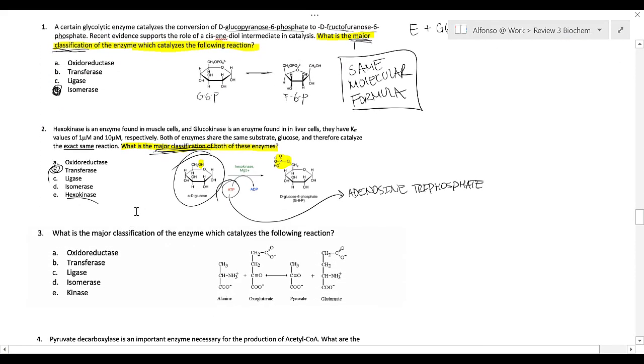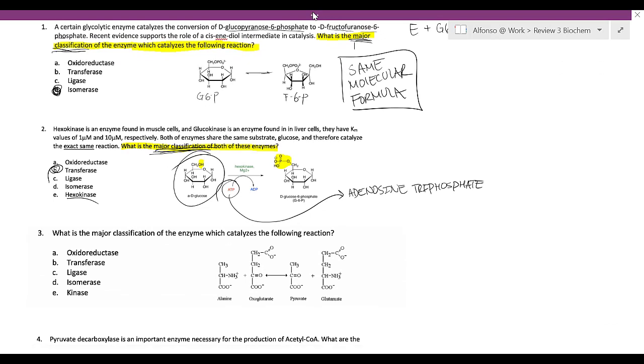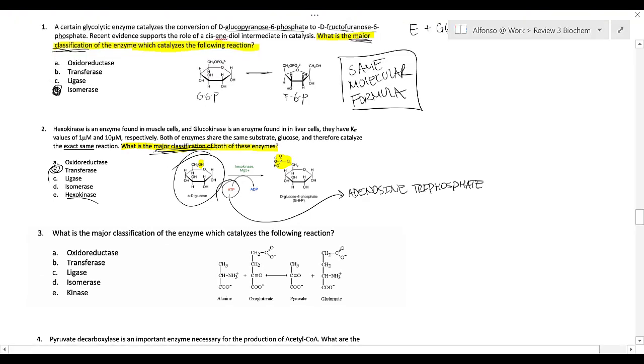All right, so number 3, what is the major classification of the enzyme which catalyzes the following reaction? So look at alanine over here and look at oxoglutarate. What is happening to alanine and what is happening to oxoglutarate?